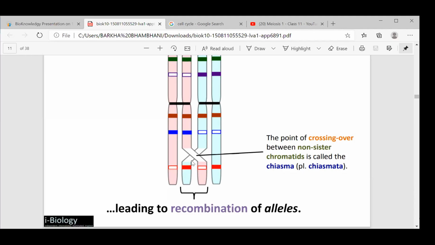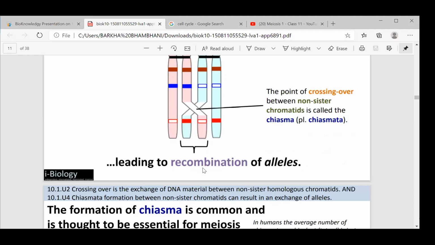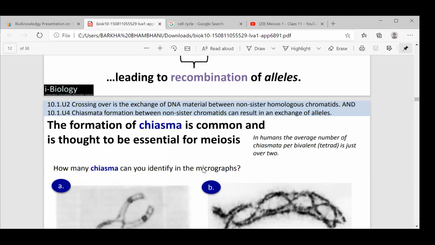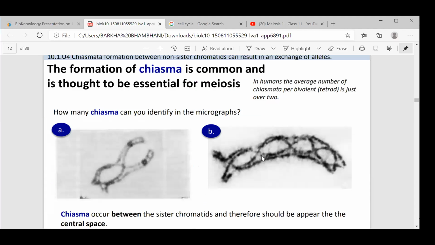So the recessive has been exchanged over here. Now chiasma, if you look at this, here there is one chiasma taking place. But look at this one, many different patterns are formed because there are many chiasmata.